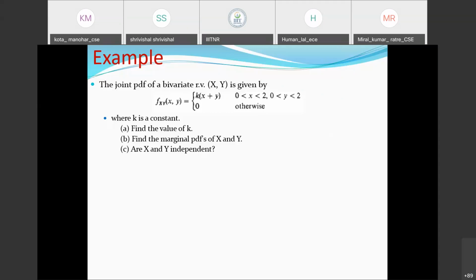So the first part is: find the value of k. We expect that you'll solve it, because during discussion we have solved some problems. So I expect that you can solve the question and give me the answer. So first part, just solve. Find the value of k.